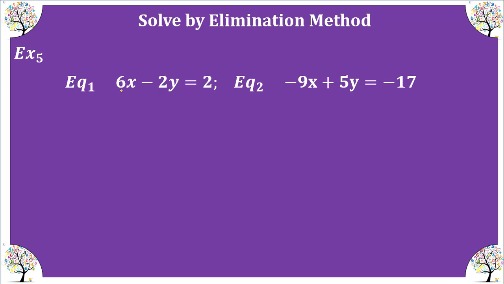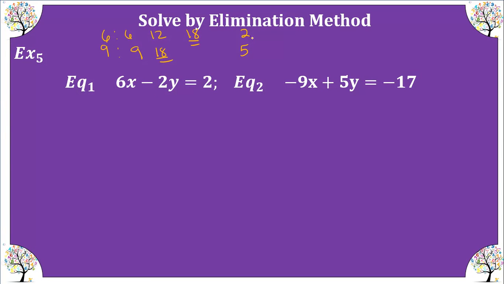And I like to use the smallest numbers. So we have 6 and we have 9. If we are going to find the least common multiple, this would be 6, 12, and 18. This will be 9 and 18. So I could try to have coefficients of 18 and negative 18. Or let's take a look at the y's. We have 2 and 5.